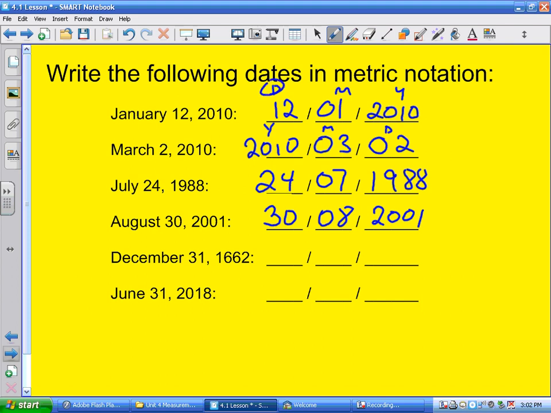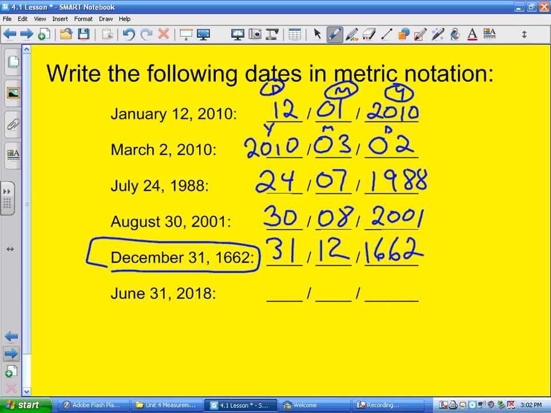What is the day, and the month, and the year? So right here, Ted, what's the day? That's right. There's your day. What's your month? The last day of the last month of the year. That's right. There's 12 months in the year. That's the last one. Yep, 1662.